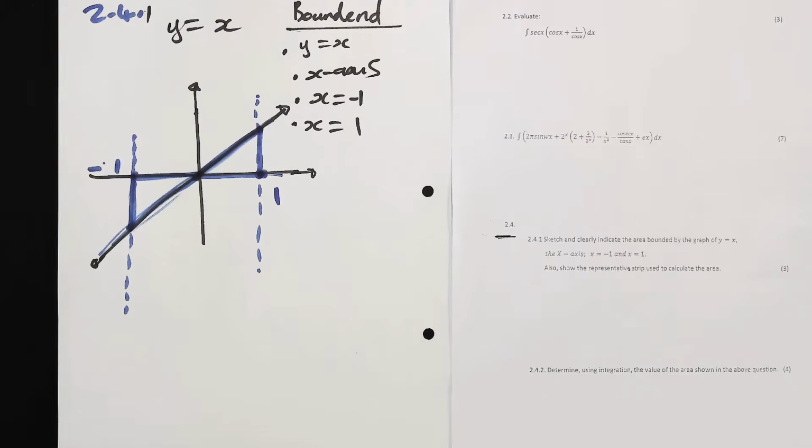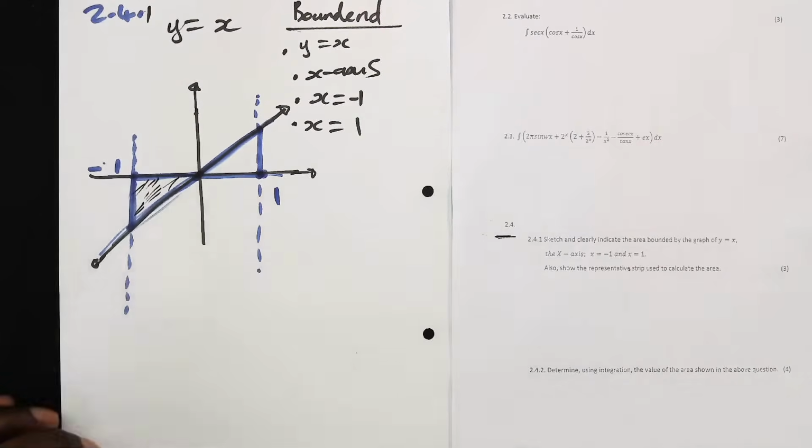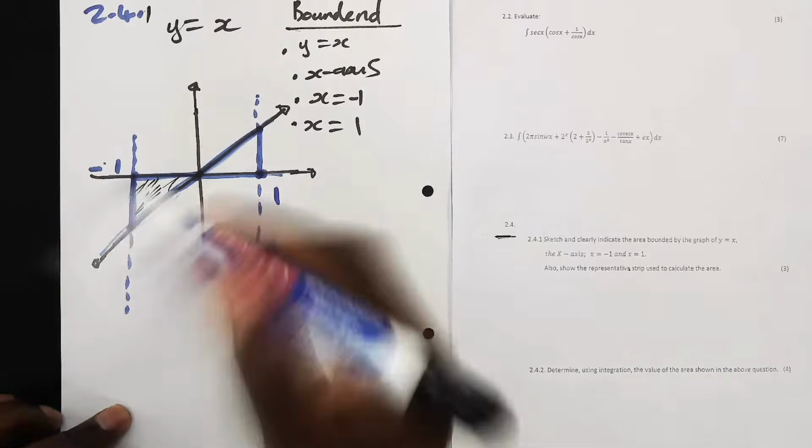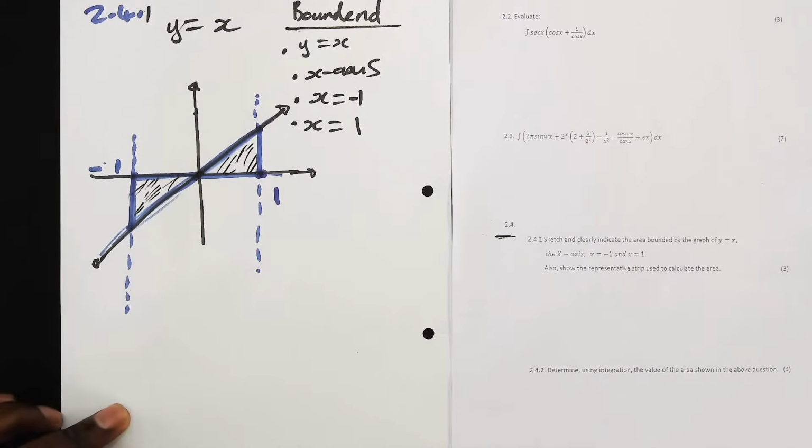When you have two portions of areas, you need to calculate the areas separately and add them. If you shade the area here, we have the area there, and as indicated, we have another area on the other side.